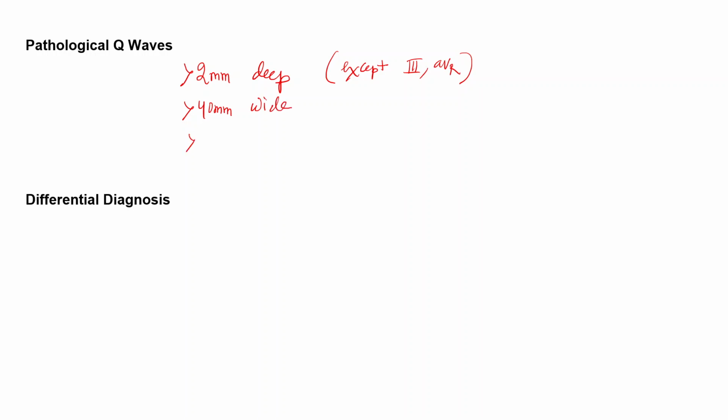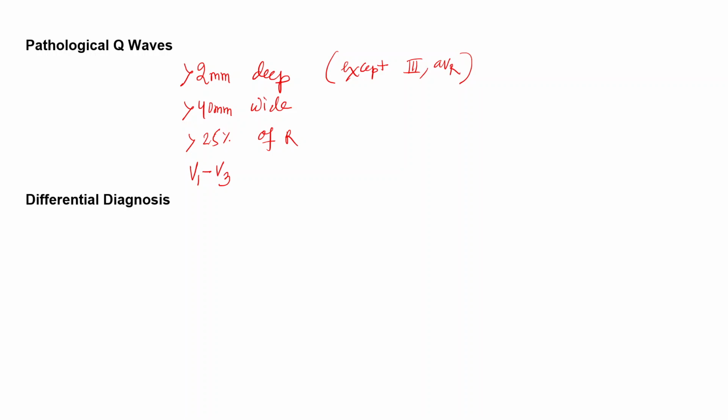If it is more than 25% of the R wave, again it is abnormal. Similarly, if you are getting it in V1 to V3, it is abnormal. So these are the pathological Q wave definitions: more than 2 mm, more than 40 mm wide, more than 25% of the R wave, or present in V1 to V3.